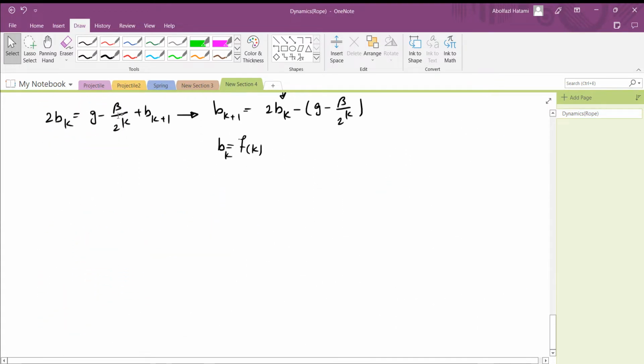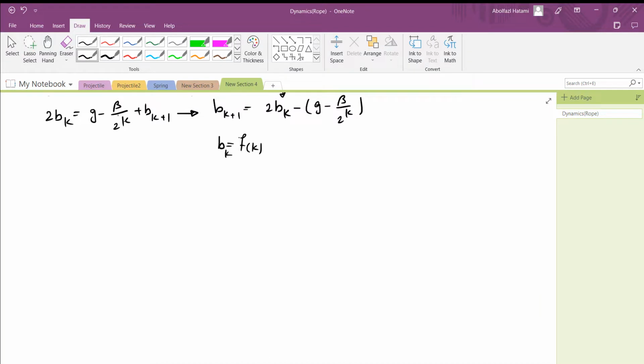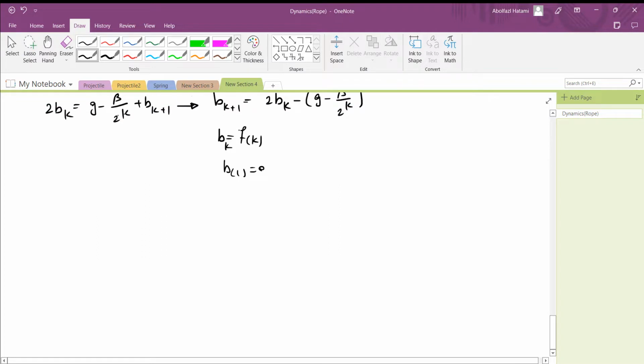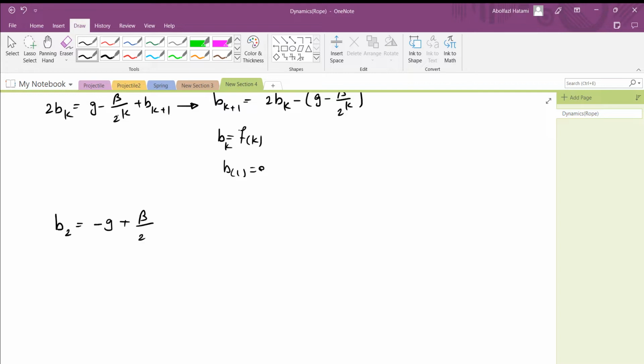So b1 is 0. You should notice that b1 is 0. So from this I want to obtain b2. b2 is going to be 2 times b1, which is 0, minus g minus beta divided by 2 to the power k.